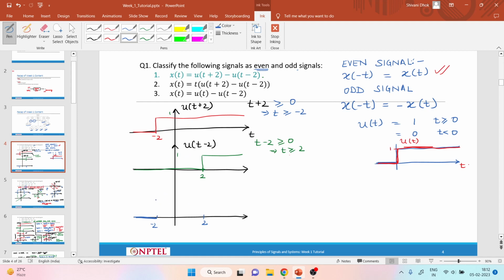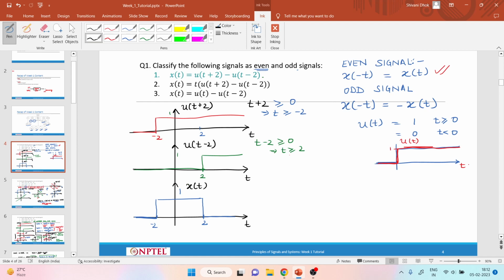So in the region minus 2 to 2, you will have a signal with magnitude 1. Now from 2 to infinity we can observe that both of these signals have the same value of 1, which will cancel each other, and again we'll have 0. So this is your x of t.